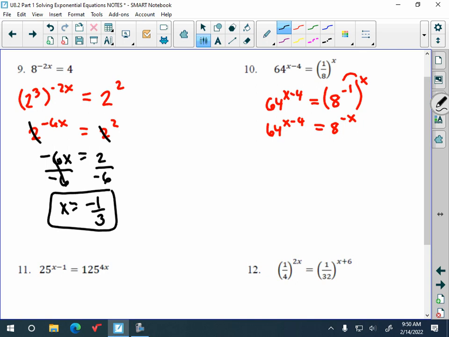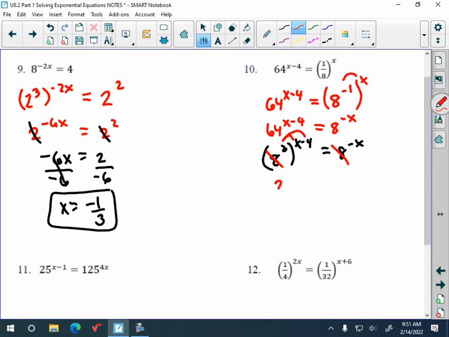All right, so we have base 64 and base 8. What base can we get them both to be? 8. Okay, so 64 is base 8 to the second power to the x minus 4, 8 to the negative x. We can distribute here. We can cancel the 8's out.